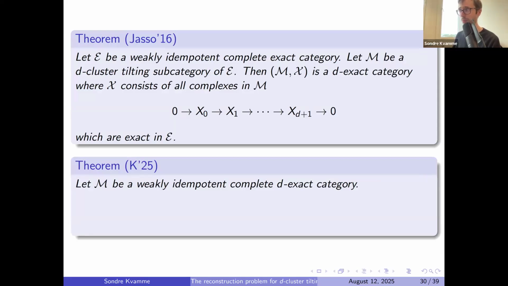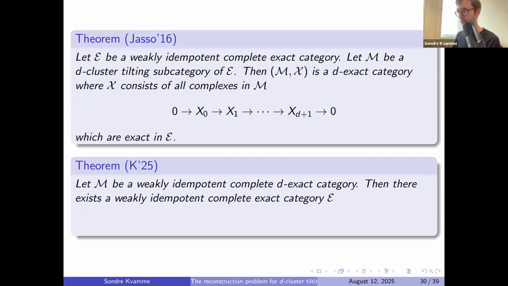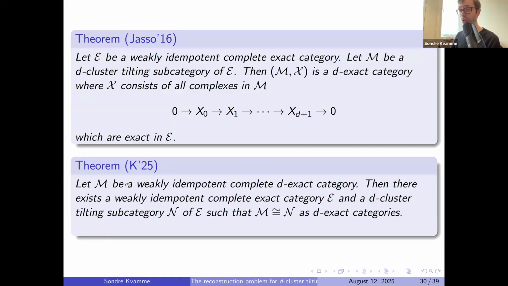If you have a weakly idempotent complete D-exact category, then there exists a weakly idempotent complete exact category and a D-cluster tilting subcategory of that exact category, such that this D-cluster tilting subcategory is equivalent to our M that we start with. And that equivalence is not just an equivalence of additive categories, but an equivalence of D-exact categories, meaning it preserves and reflects admissible D-exact sequences, or equivalently it has a quasi-inverse which also preserves D-exact sequences.